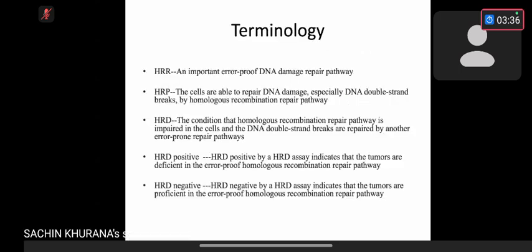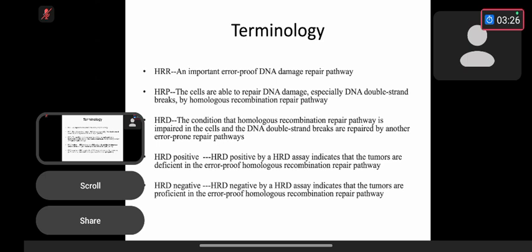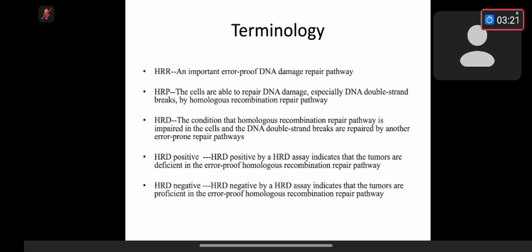And just to highlight the terminology, which is sometimes confusing when we are deciding which patients should be given PARP inhibitors, how do we decide? Just understand this terminology. What is HRR? It's homologous recombination repair, which is an error-proof DNA damage repair pathway. What is HRP?